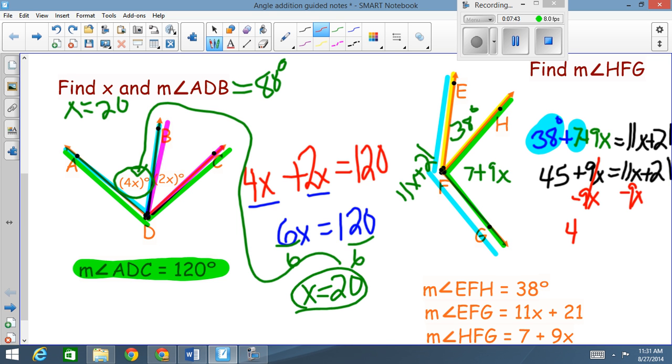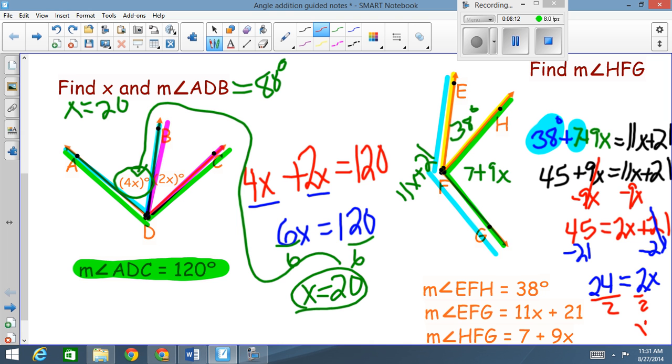So the 45 comes down. 11x minus 9x is 2x. Now that I got all my x's on the right, I'm going to get my constants on the left. So I'm going to subtract this 21 from both sides. So those cancel. And now I have 24 on the left. I have 2x on the right. My last step to solve this is just divide each side by 2.